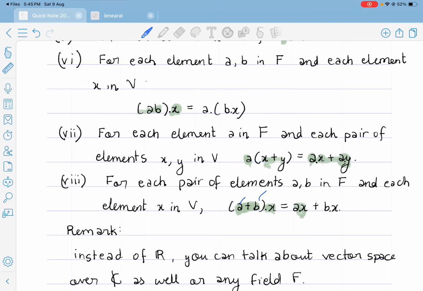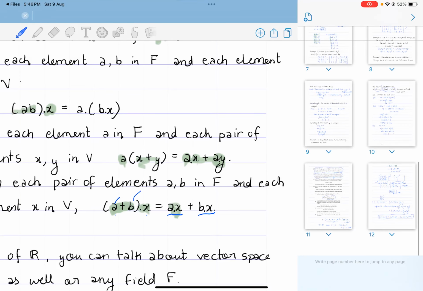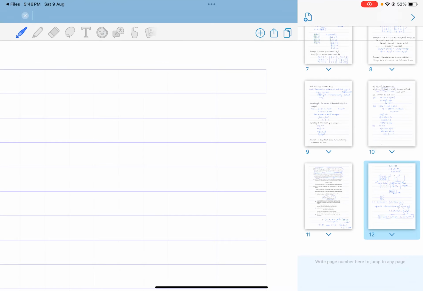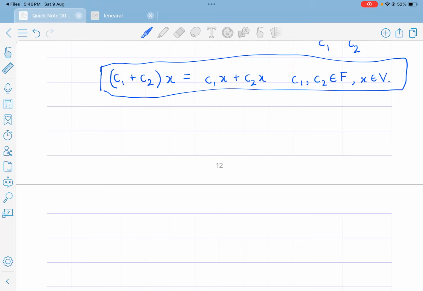Instead of a, b, I have written C1 and C2, and (a plus b) dot x is equal to a dot x plus b dot x. So that one needs to be satisfied for a vector space. This thing, I forgot to add the dot here. So what will we do?